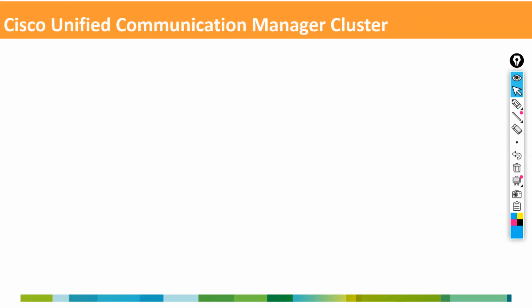Next, very important: the CUCM cluster. Maximum how many IP phones can be registered in one cluster? Maximum how many IP phones can be registered in one cluster? 40,000.